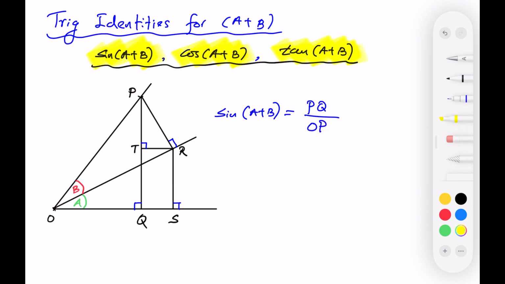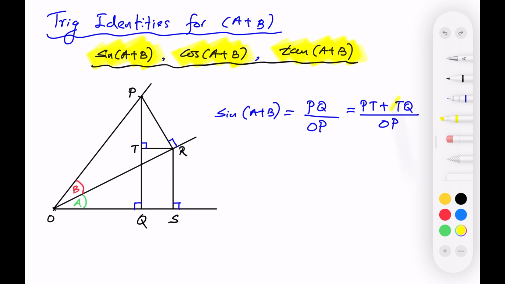PQ can be seen as equal to PT plus TQ. Therefore, I'm going to split that numerator into 2 pieces, and write PQ as PT plus TQ, all of that divided by OP.